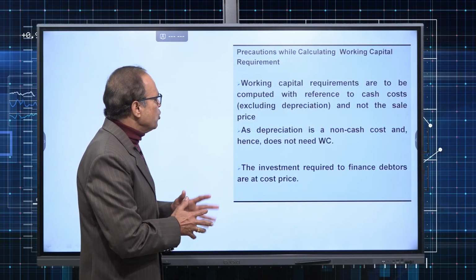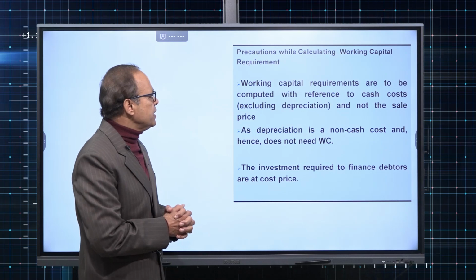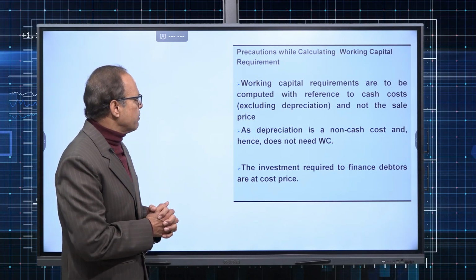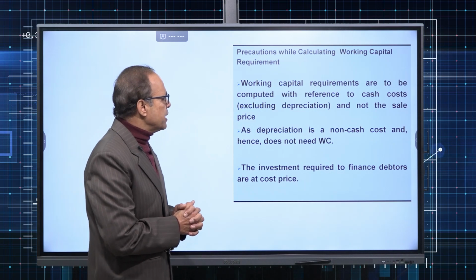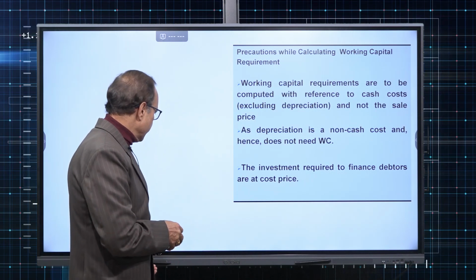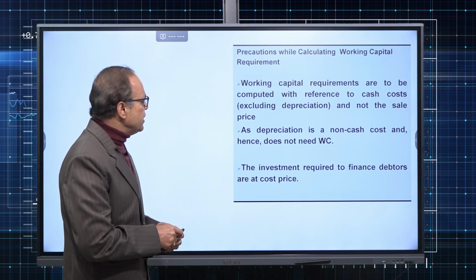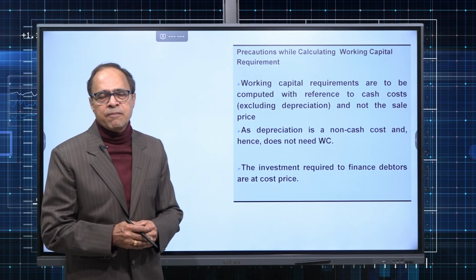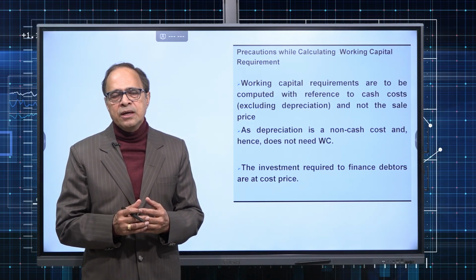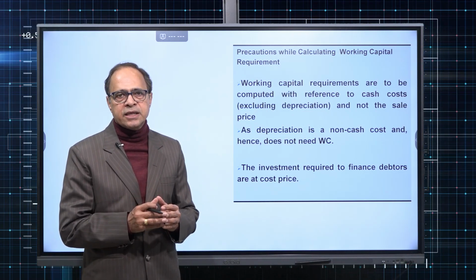Now, moving further, we need to take certain precautions while calculating working capital requirement. Working capital requirement is to be computed with reference to cash cost only. That means we need to exclude depreciation. Why do we exclude depreciation? The reason is simple. Depreciation is a non-cash expense.